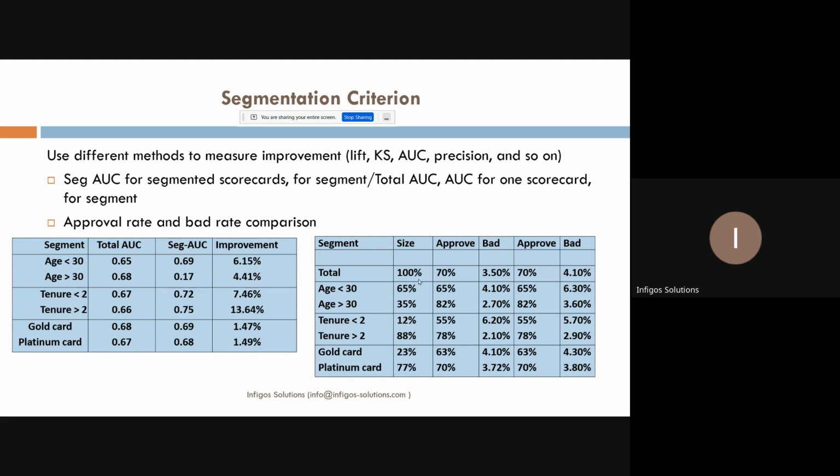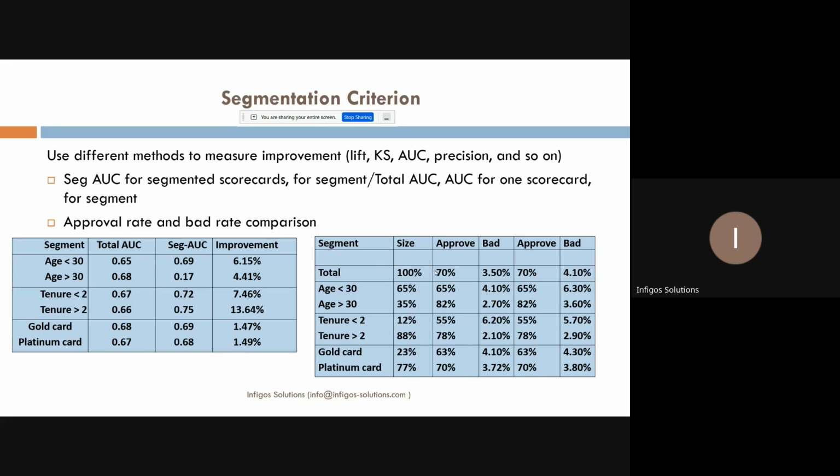Here approval rate is 65% and bad rate is 4.1%. When you do the segmentation, I think you have more.